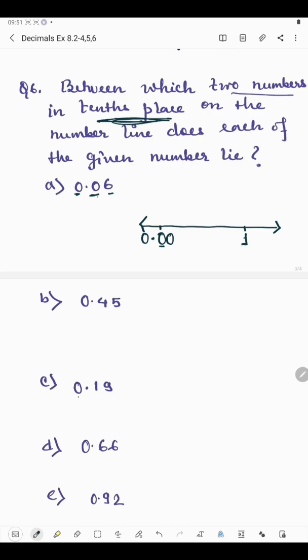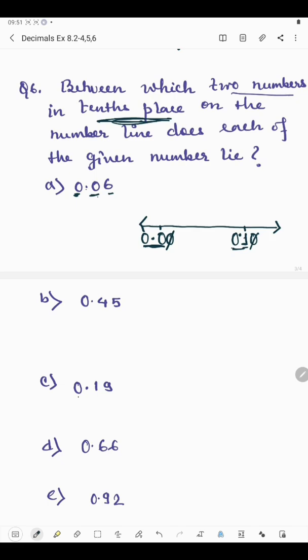Similarly here, if you want to make it decimal, here we have 0 at 1's place, so 0 then point, and here at 10th place will be 1, and after that one digit is there, so you can put 0. So that means this 0.06 will lie between 0.0 and 0.1.